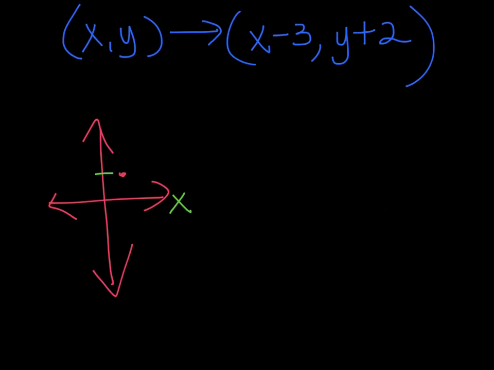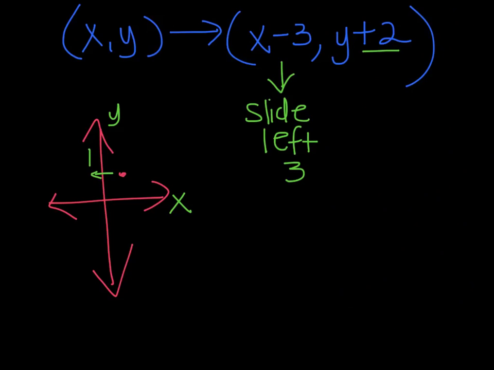If it's minusing 3, it's going that way from the coordinate because that's the x's. So that means I have to be sliding, and it has to be left because it's minus 3. And then think about the y coordinate. It says plus 2. Well, the y is up and down, so that means I'm going to have to be adding 2 more from what this point was. So that means I'm going to have to be sliding up 2. So that's what that rule would tell me.